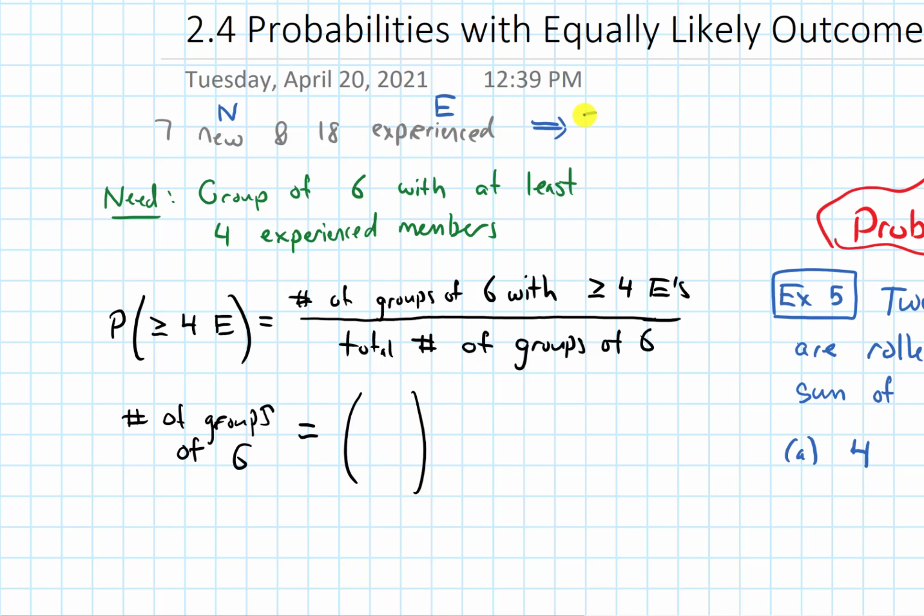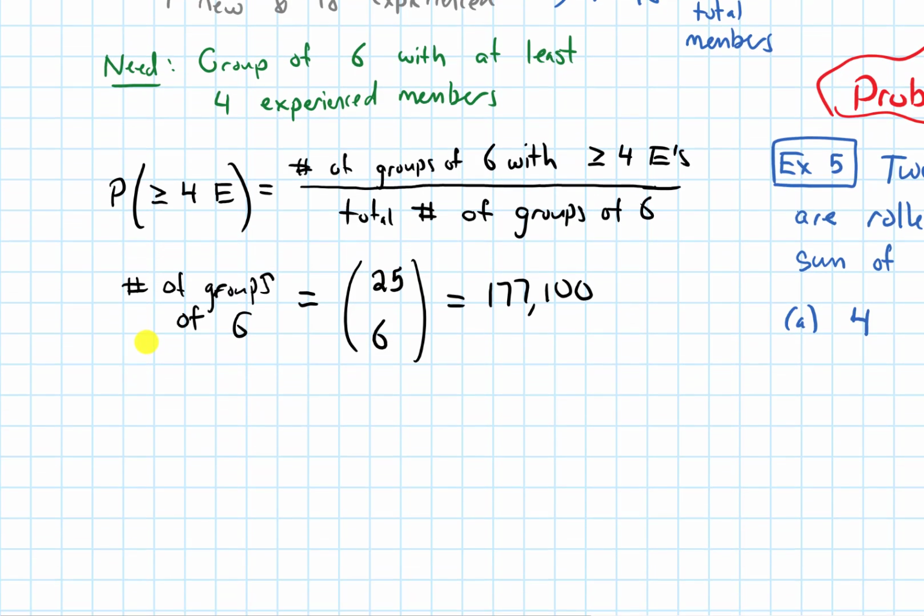Well, there's 7 new plus 18 experienced, which means there's 25 total members. And to form our group, we are choosing 6 from the overall pool of 25 dance team members. If we work this out using our formula for combinations and a calculator, we get 177,100.